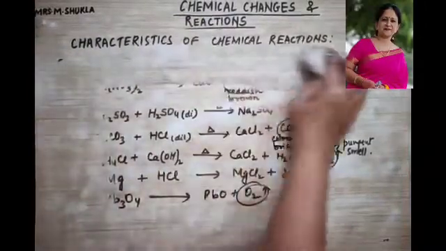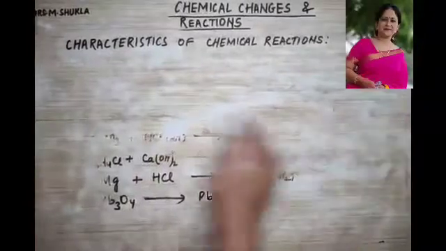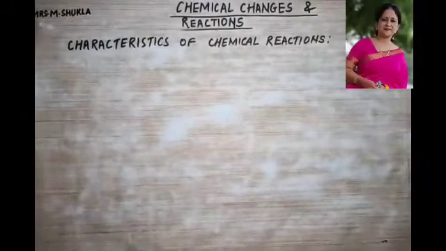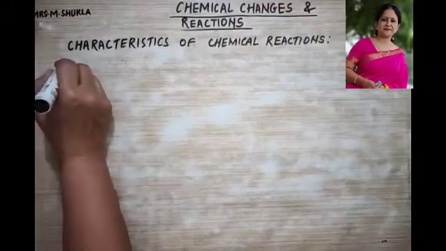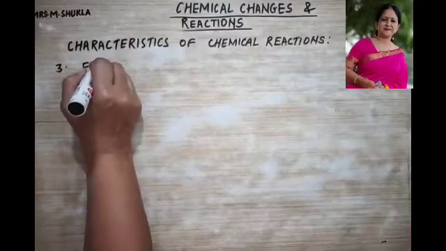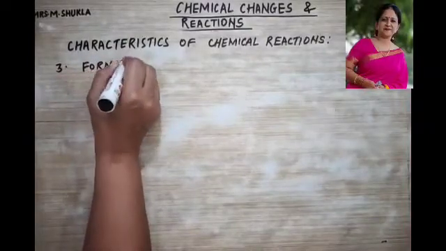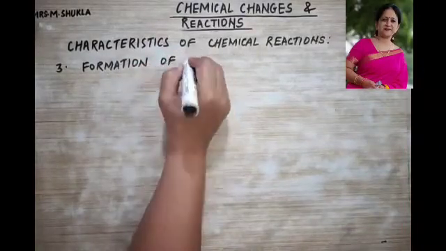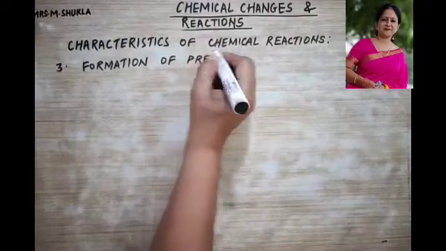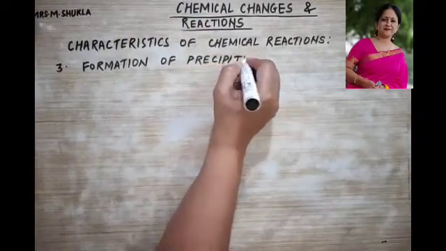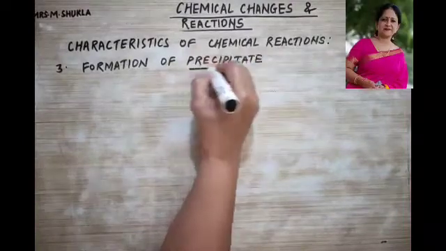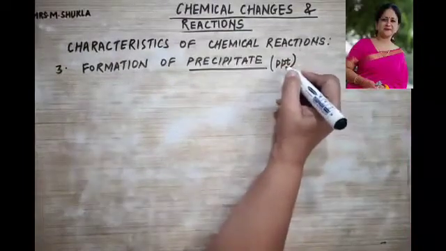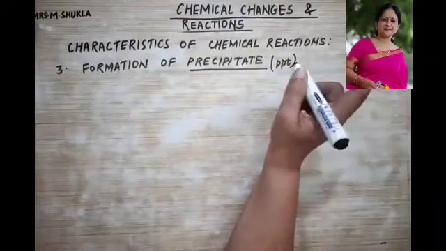We come to the third kind. The third one was formation of precipitate. Now, firstly we need to understand what a precipitate is. In short, it is termed as ppt, with small p's and t, not capital P's.